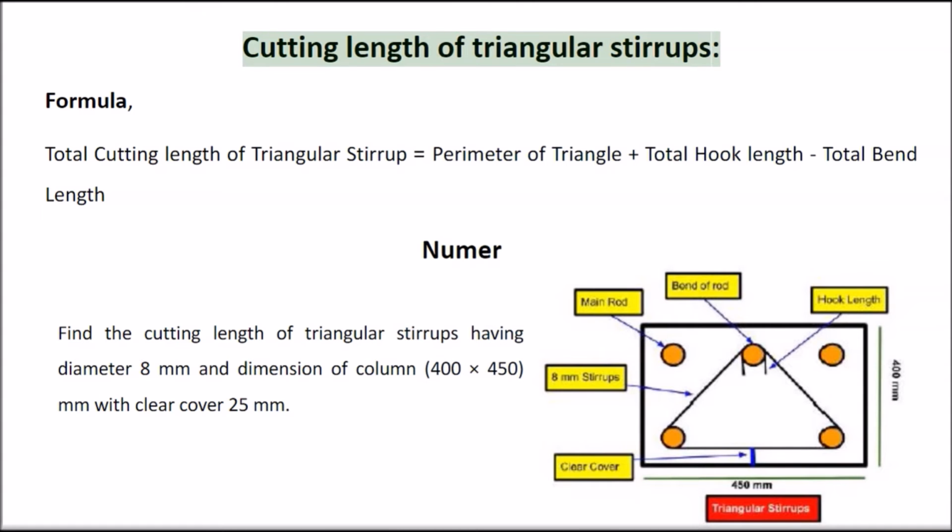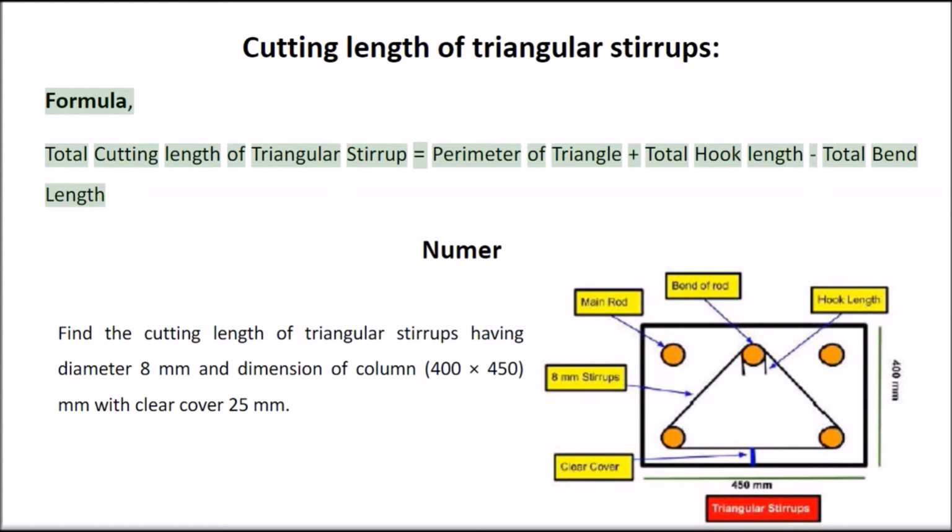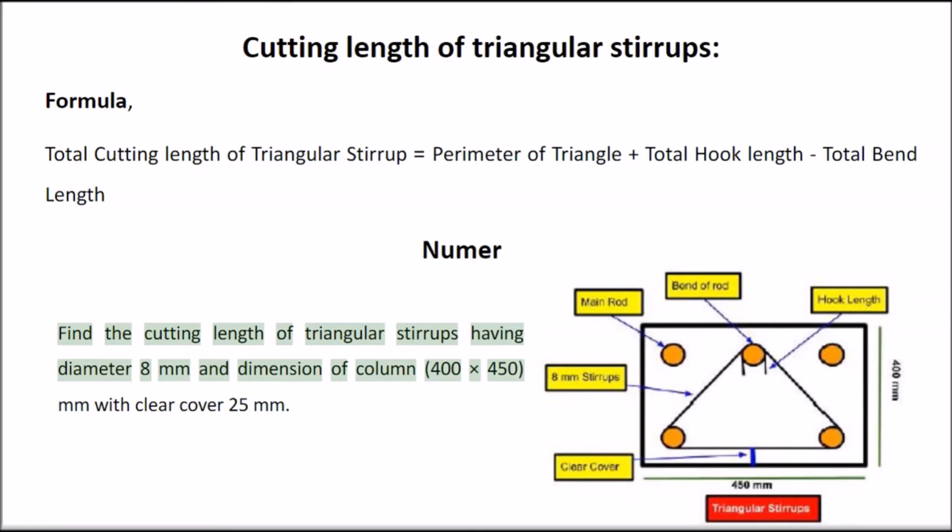Cutting length of triangular stirrups. Formula: total cutting length of triangular stirrup equals perimeter of triangle plus total hook length plus total bend length. Numerical: find the cutting length of triangular stirrups having diameter 8 mm and dimension of column 400 times 450 mm with clear cover 25 mm.